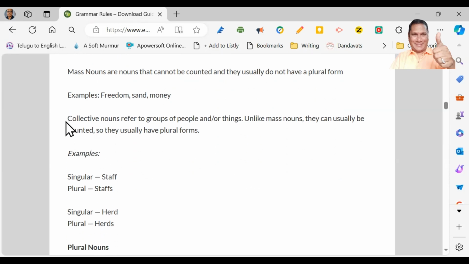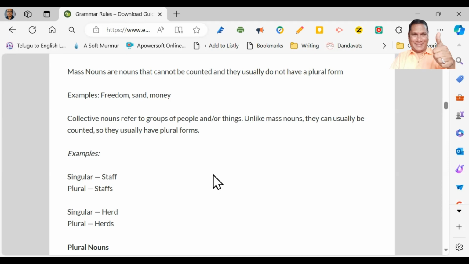And we have collective nouns. What are collective nouns? A group of people or things. Unlike mass nouns, they can usually be counted, so they usually have plural forms. Collective nouns refer to groups of people or things.